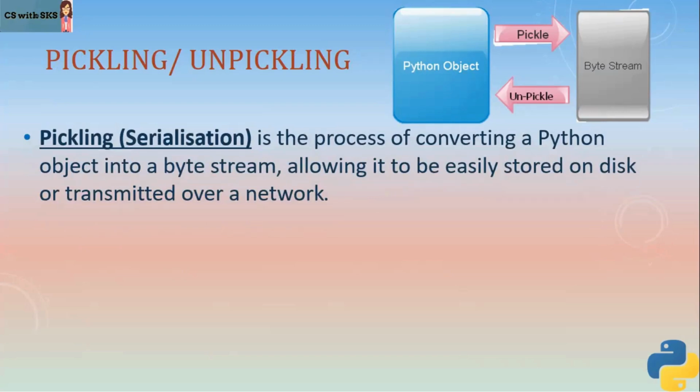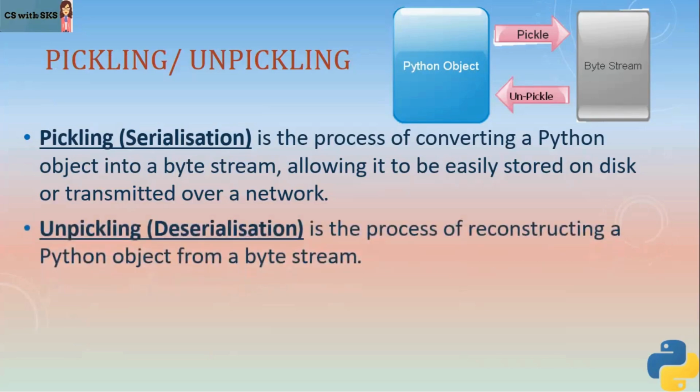And then that allows it to be easily stored on disk, and we can then transmit over a network if required. So pickling is basically converting a Python object into a byte stream. And unpickling is just reversing the process, converting the byte stream back into the Python object.